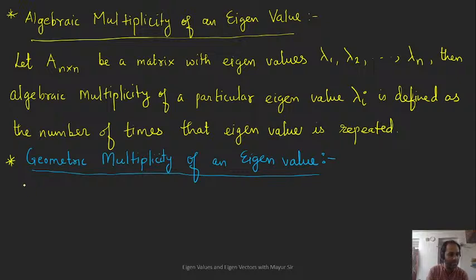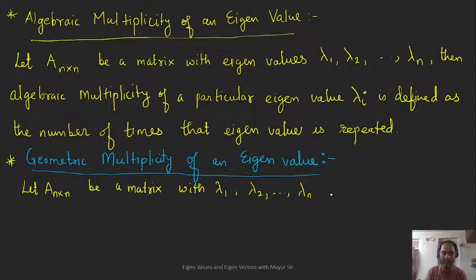So again, the same thing: let A, an n cross n matrix, with lambda 1, lambda 2 up to lambda n as the eigenvalues.